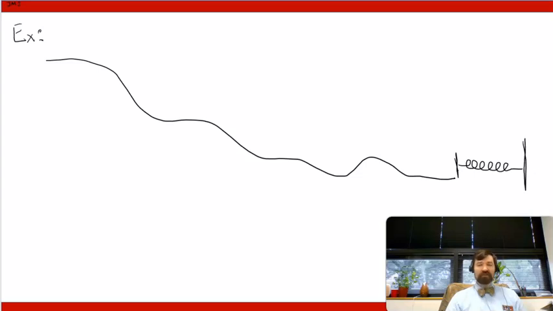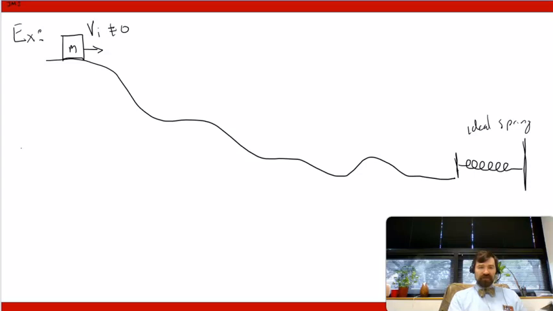Okay, so the spring can be compressed. It's an ideal spring. And again, we start with the object up here, but maybe this time v initial is not 0. So it's initially moving. How much does the spring at the bottom compress?